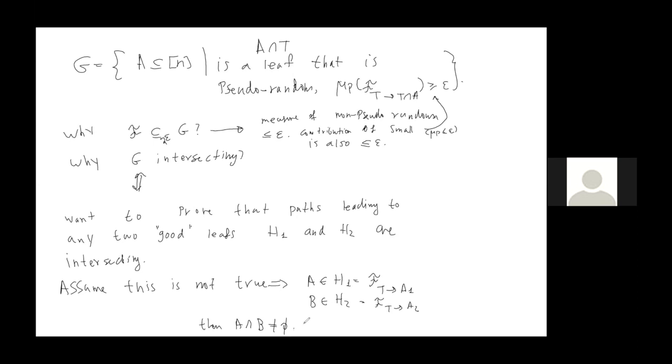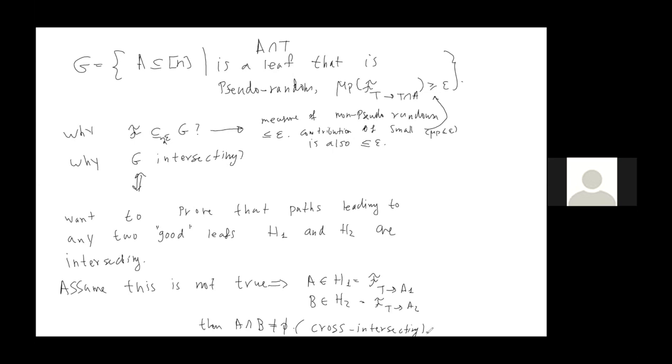Okay, so this property is called cross-intersecting. That says that we have two families, and whenever you take one element from one and one element from the other, they intersect in a non-empty set.